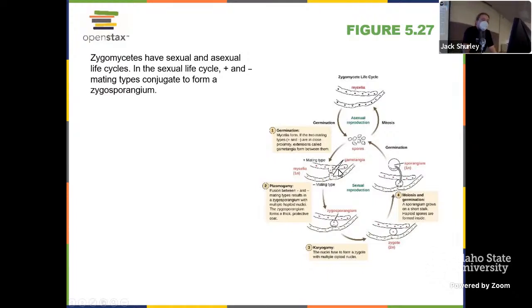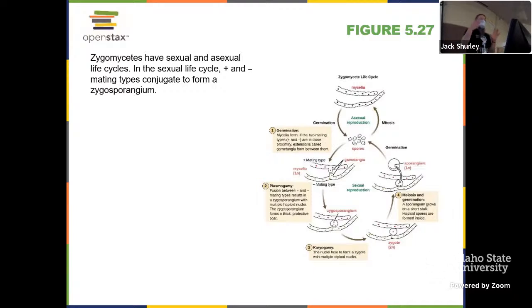What's going on here? The opposite mating types basically come together, and you can see here positive and negative, and we fuse. They form a zygosporangium, and in this case, it's not really like the fusion of egg and sperm.